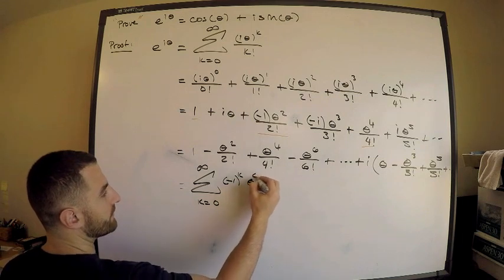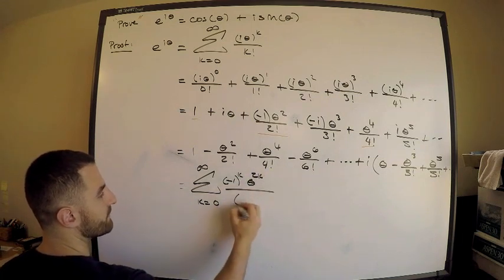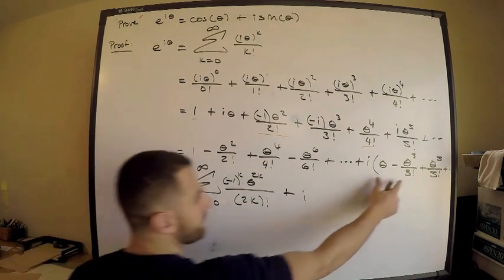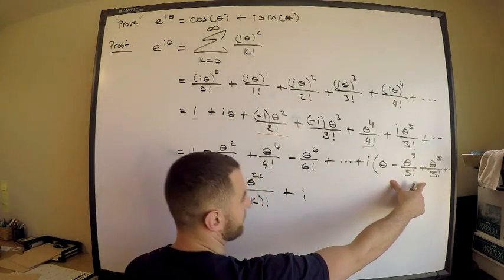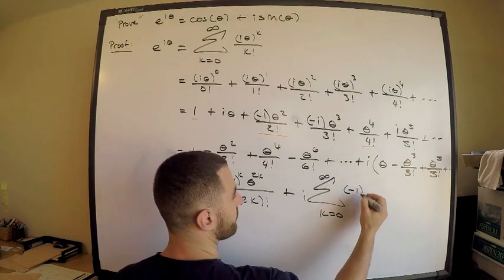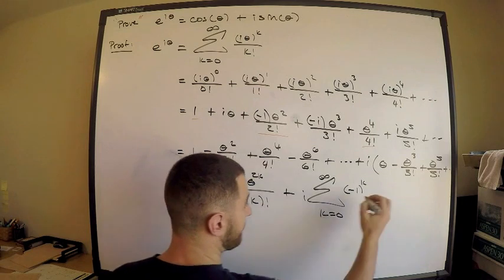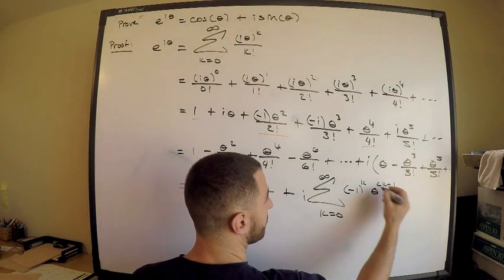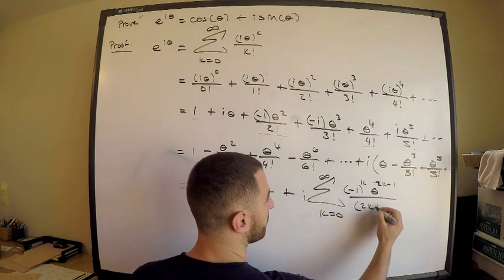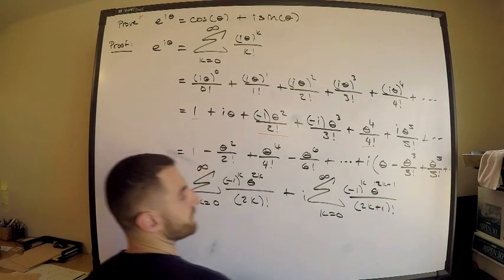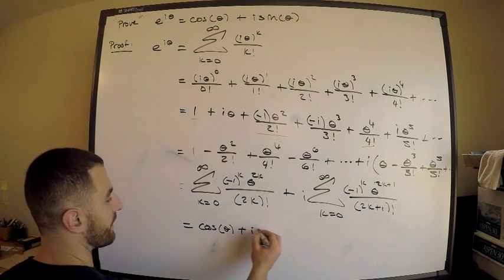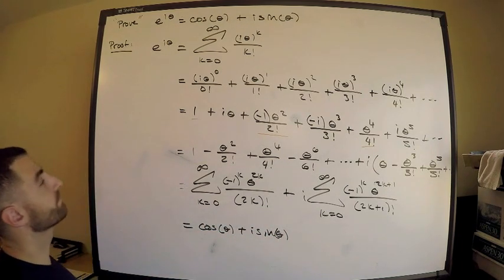And then theta to the 2k divided by (2k) factorial, plus, I factored out an i, and this is absolutely the power series expansion for sine: k equals 0 to infinity, (-1) to the k, it's alternating so I need the factor of (-1) again, theta to the 2k plus 1 divided by (2k plus 1) factorial. All right, we're done. So this is equal to cosine theta plus i sine theta.